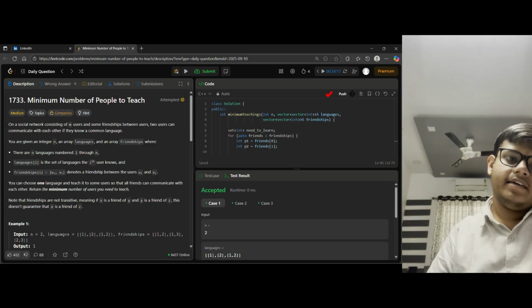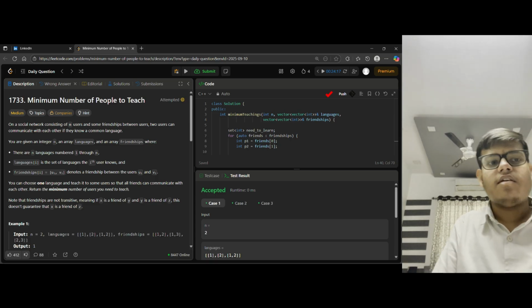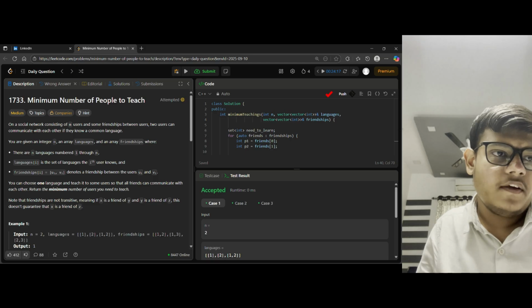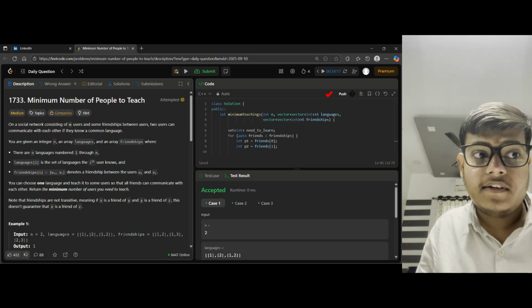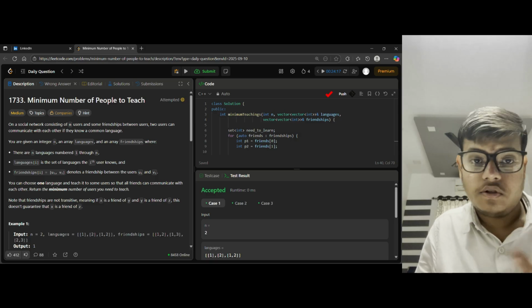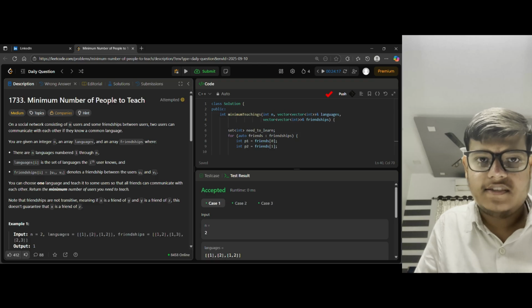Languages of i is the set of languages the ith user knows, right? And friendships of i indicates ui and vi, where ui and vi are user 1 and user 2. You can say it like that.